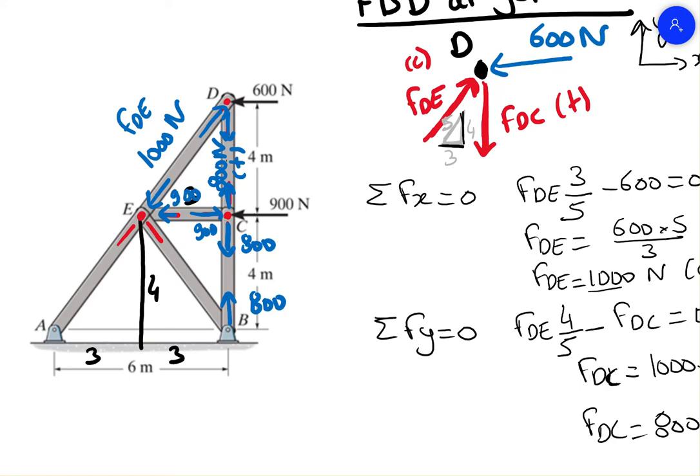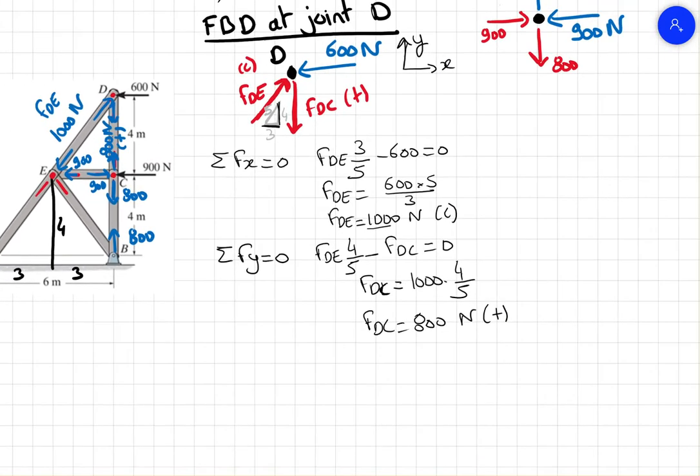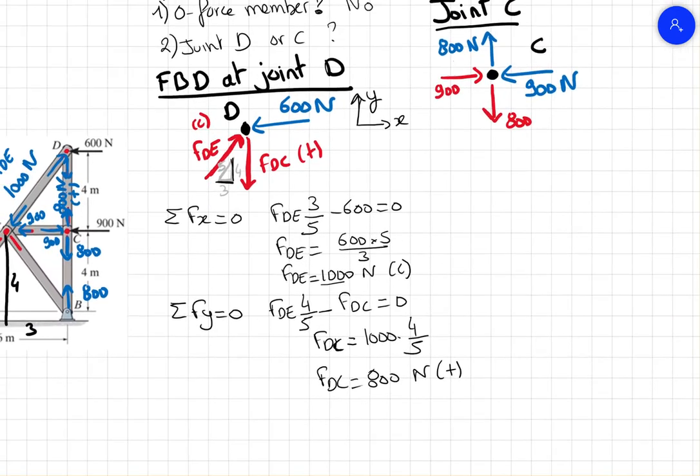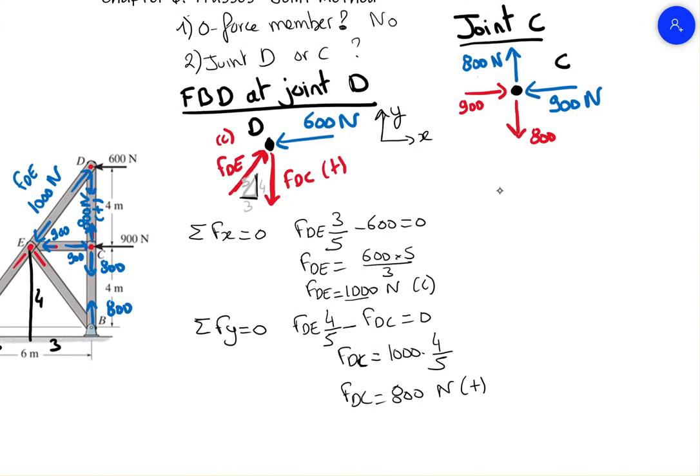Sorry for the number 3. 900 here. So now we can go to joint E, because now we have only two unknowns left. Okay, so let's do the joint.